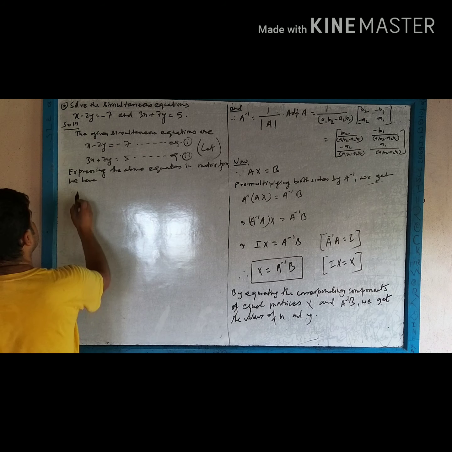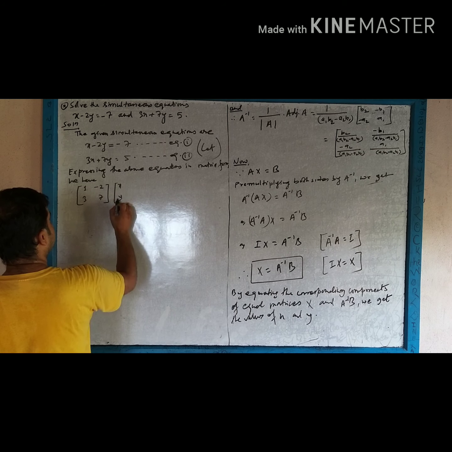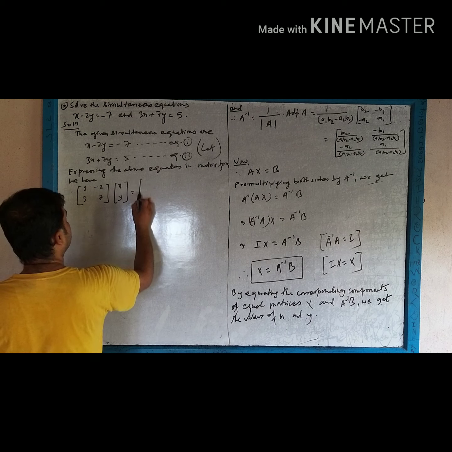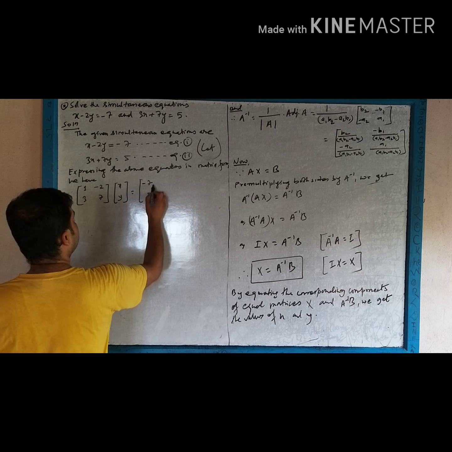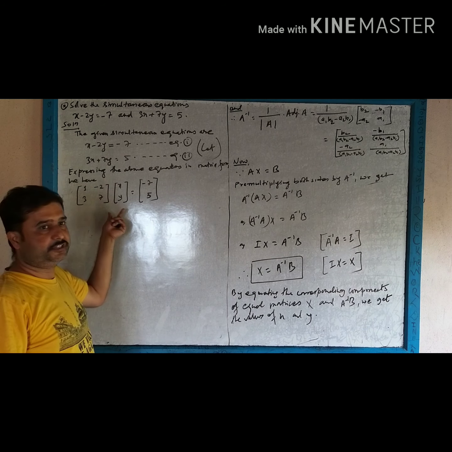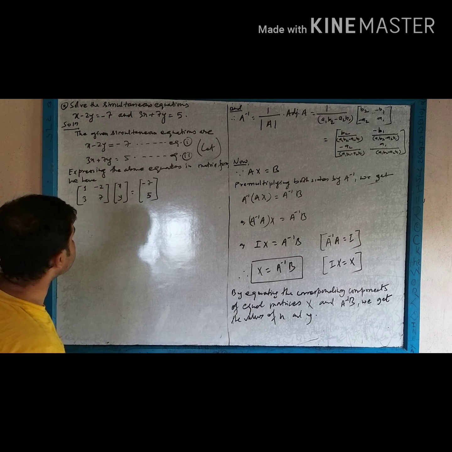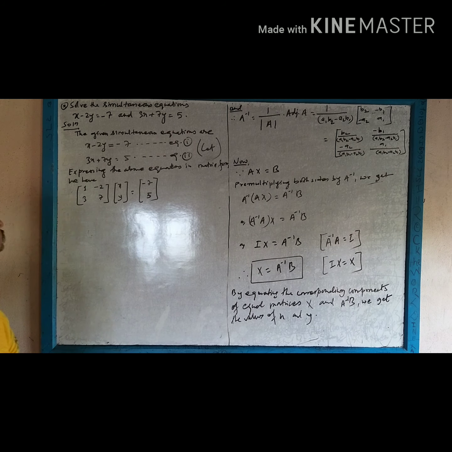We have the coefficient matrix with rows 1, minus 2 and 3, 7, multiplied by x and y, equals minus 7 and 5. I have already explained how this comes. If you multiply this and equate, you get the same equations. So this is expressed in matrix form.